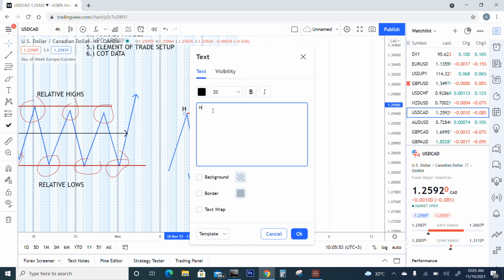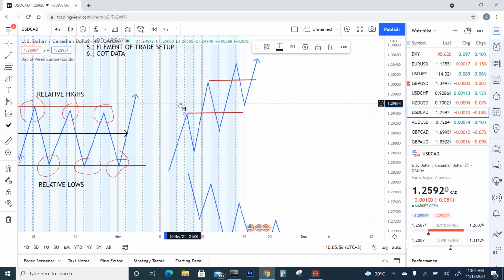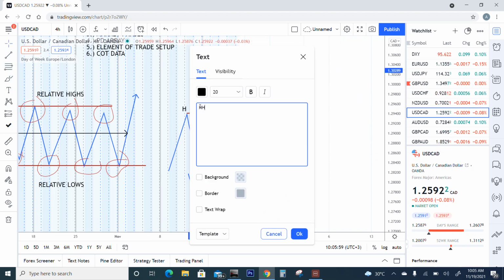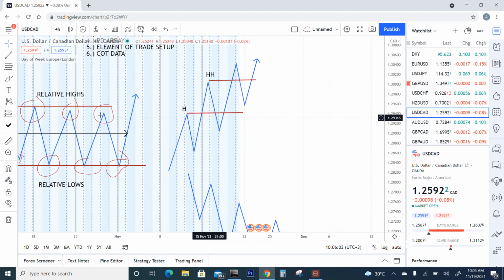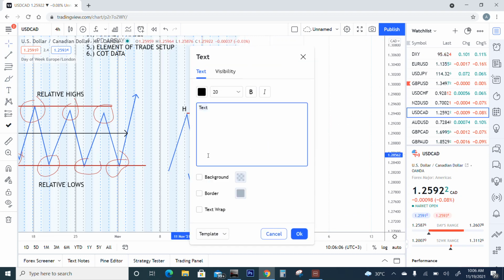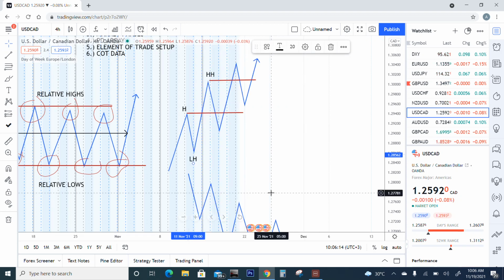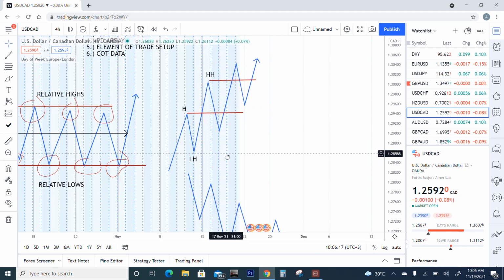We call this a higher high. So let's say this is the first high. The next high will be a higher high. But even though the market is making new higher highs, it also makes a higher low. Usually this is a low, but this low is higher than the previous low.